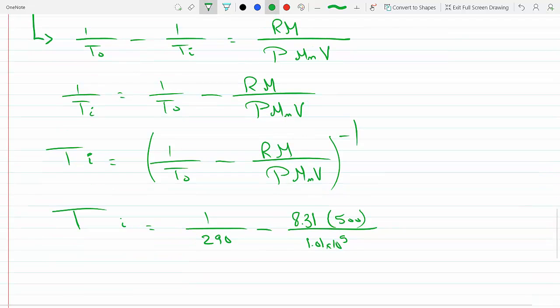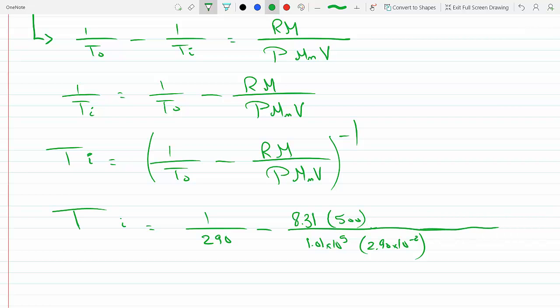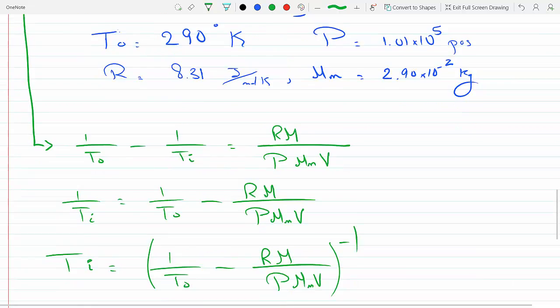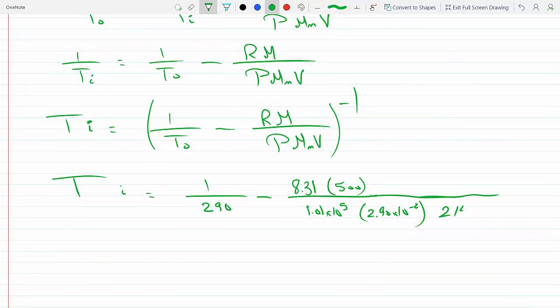Molar mass is 2.90 times 10 to the minus 2, and the V is 2145 meter cube. Okay, and this whole thing is raised to the minus 1. And let me see what we get.